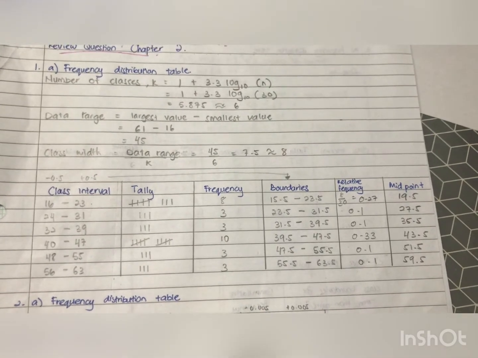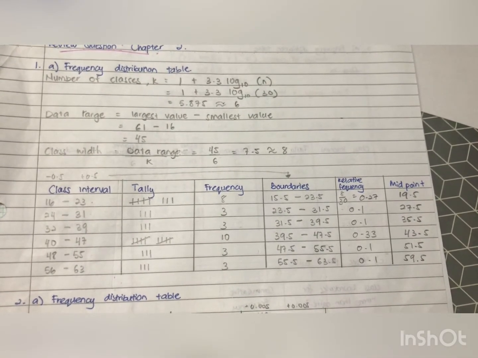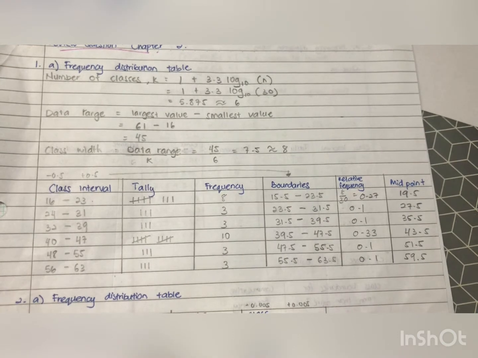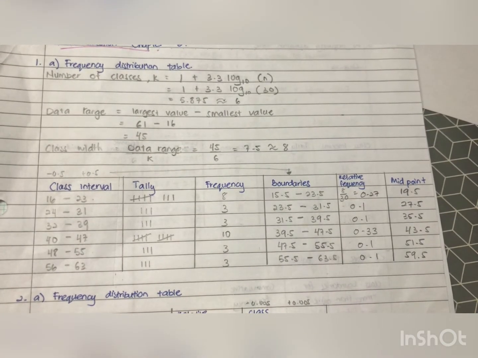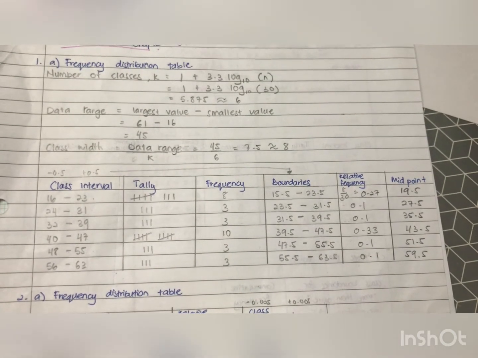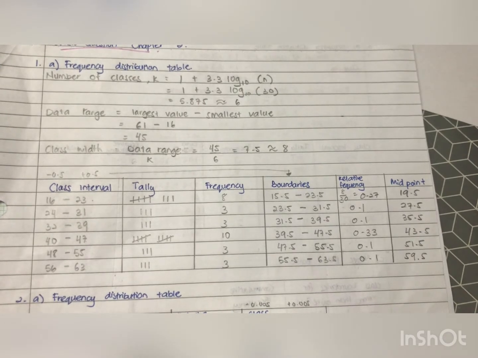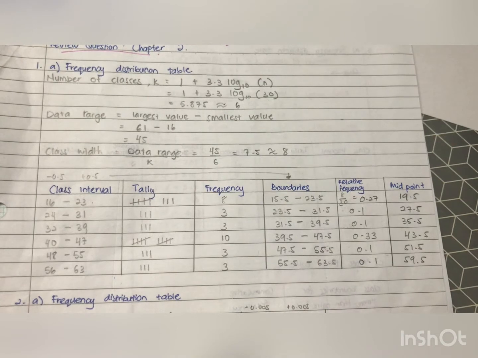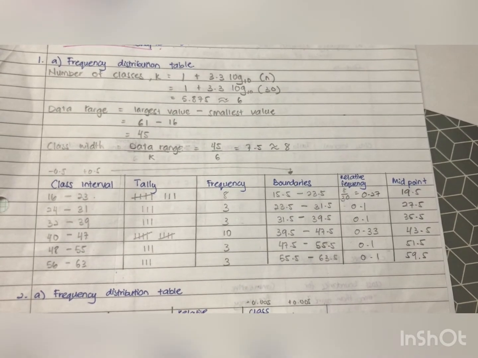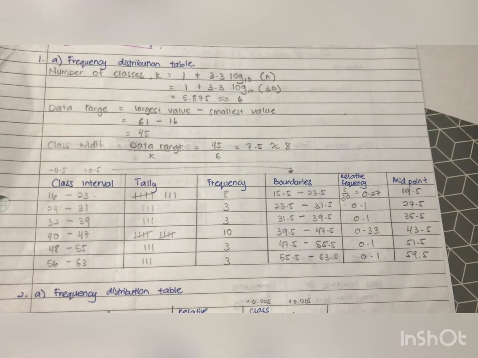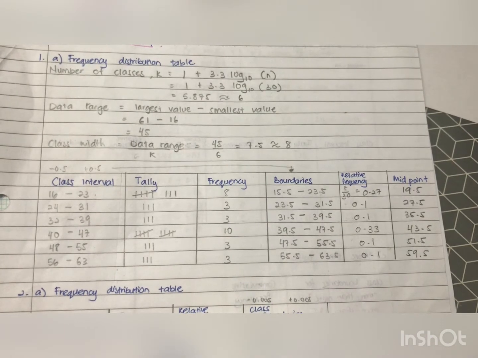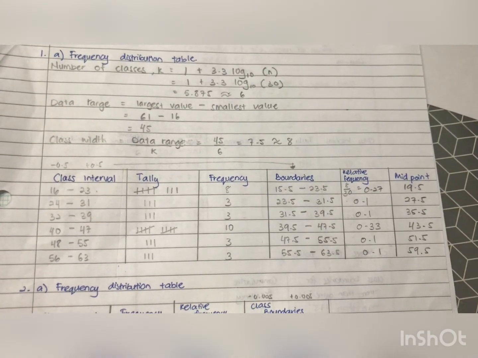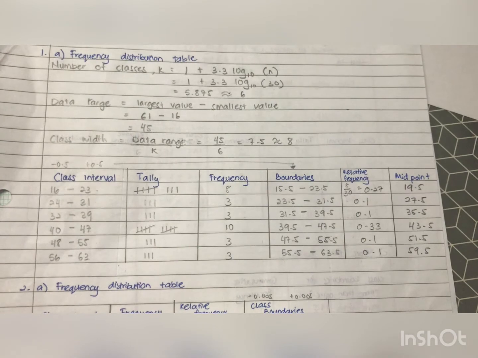So 16 until 23, you will get 8 data from it. So we need to count it for each class. Tally and frequency are actually the same thing, but for tally we need to write it with tally marks, and for frequency we need to write it as a number.